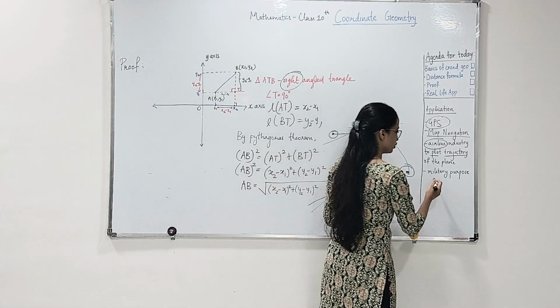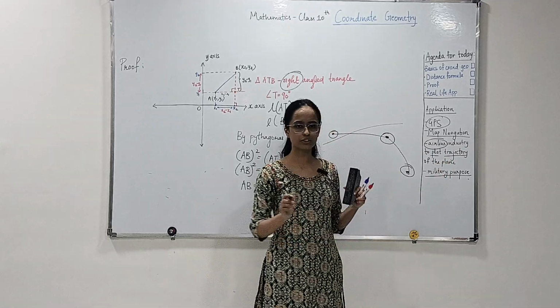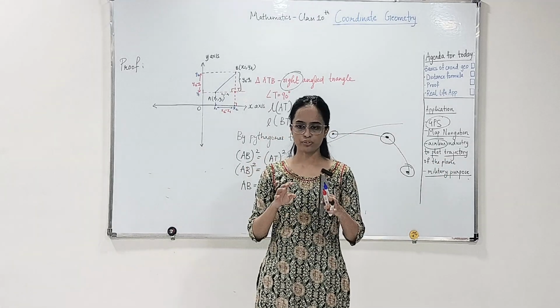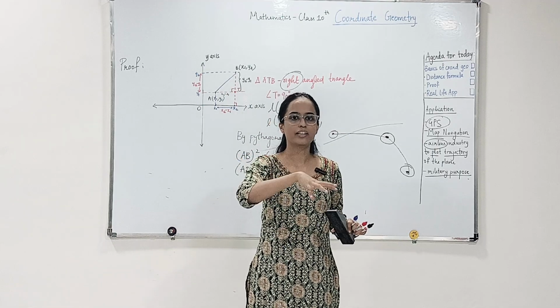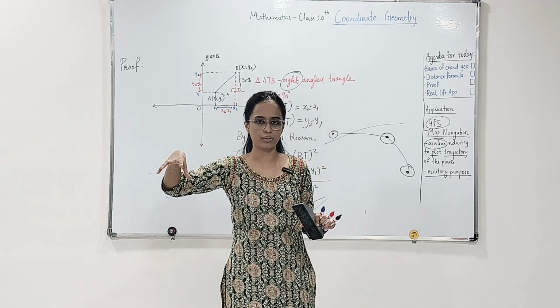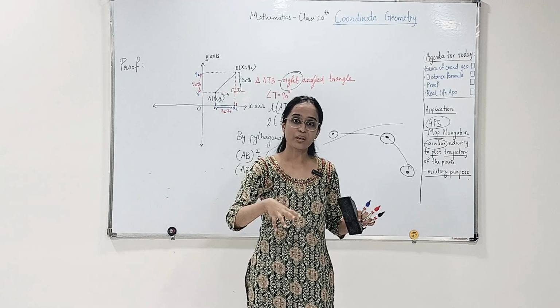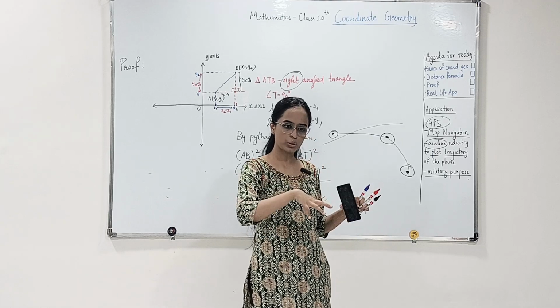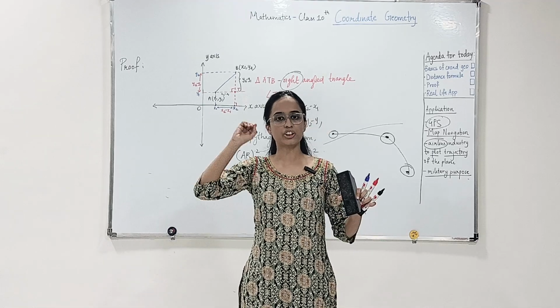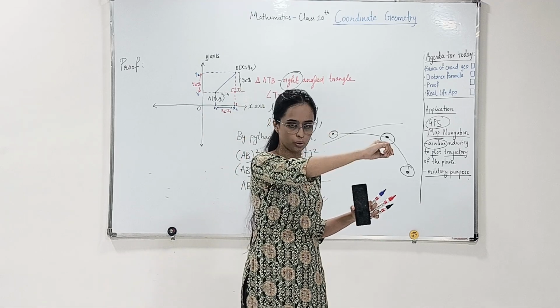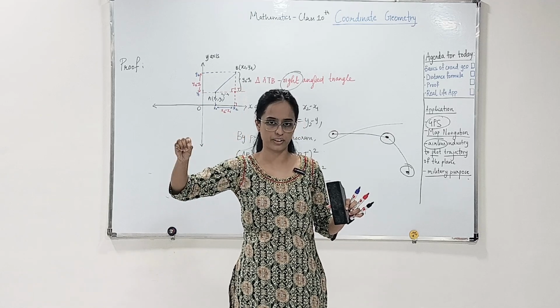Similarly, it is also used for military purposes. How? First of all, depending upon the map, the military of one nation tries to place its soldiers according to coordinates. Every soldier is placed strategically using different coordinates, so that the chief knows that so and so soldier is placed at so and so coordinates.